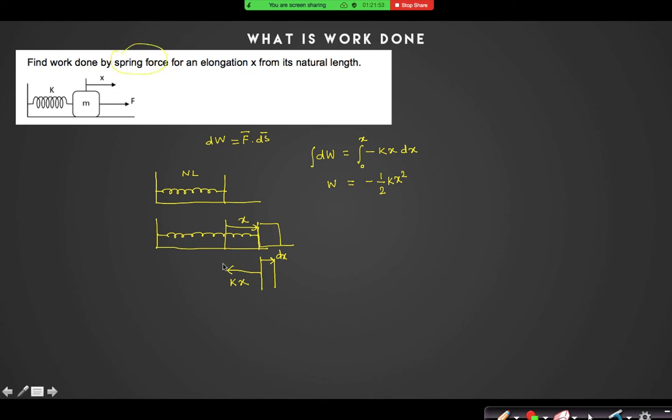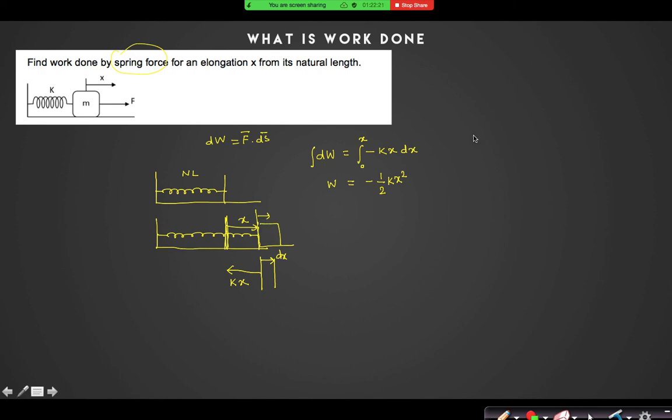The spring force on that block is minus kx. I have displaced it further by dx. The displacement is not x; sometimes the displacement will be 2x, sometimes 3x. But I have to find the work done.